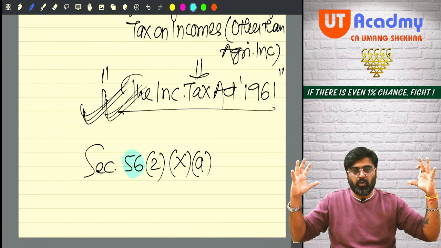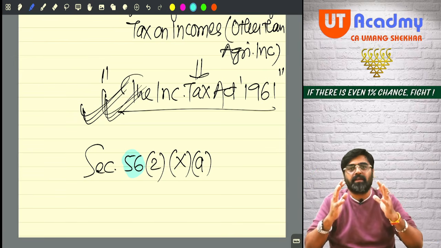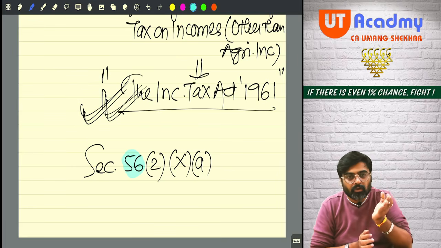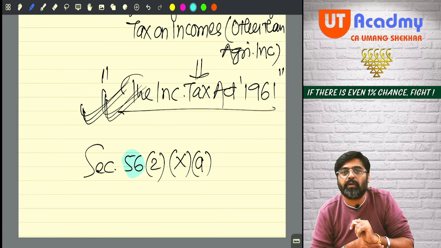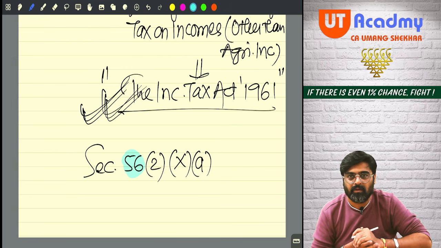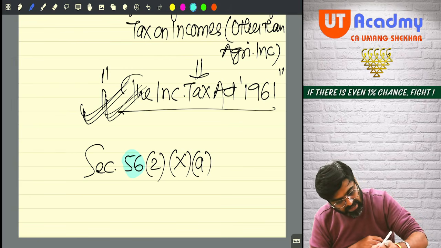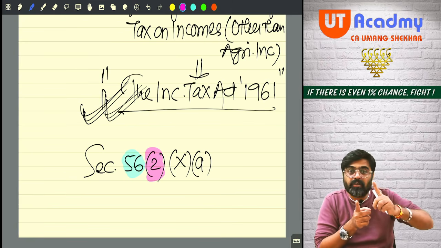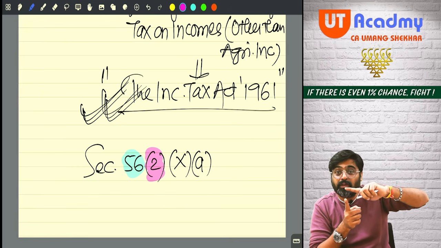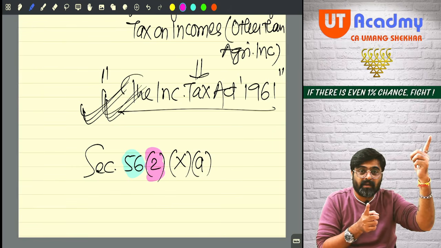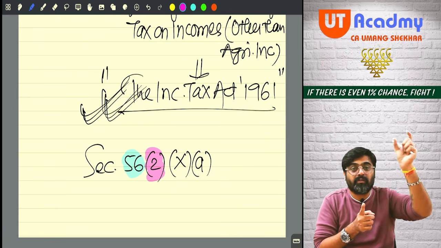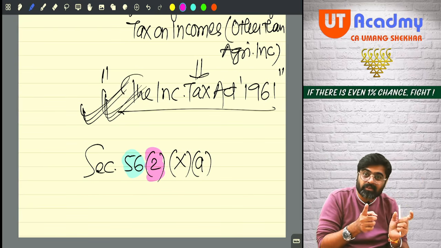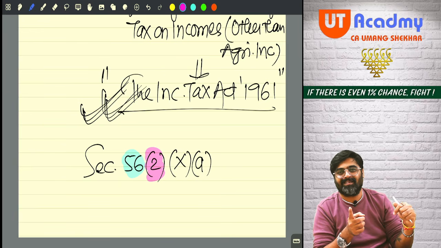If the section is too big, it is divided into small, understandable parts. The small parts of that section are known as subsection. So the first bracket is the second part of this main section. So there will be 56 subsection 1, that is the first part of this main section. Then it is 56 subsection 2. This is the second part of this main section.